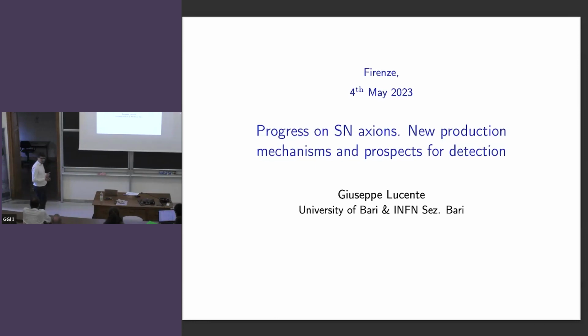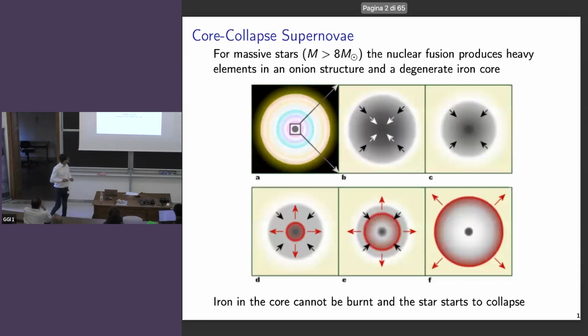So before characterizing the axion production inside supernova, let's briefly revise the mechanism of a core collapse supernova. A core collapse supernova is the final phase of a massive star, with mass larger than about 8 solar masses, which becomes unstable at the end of its life. Indeed, in these massive stars, the nuclear fusion produces heavy elements in an onion-like shape, with a central degenerate iron core.